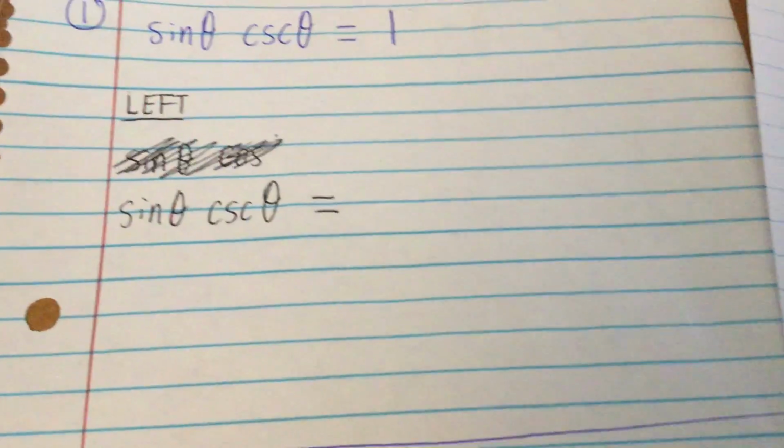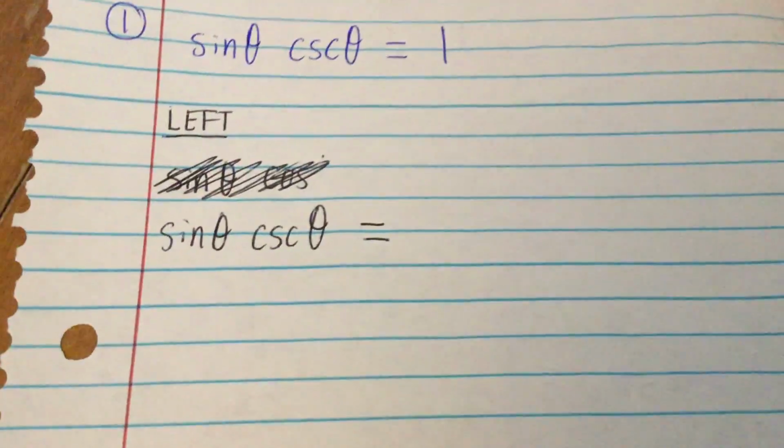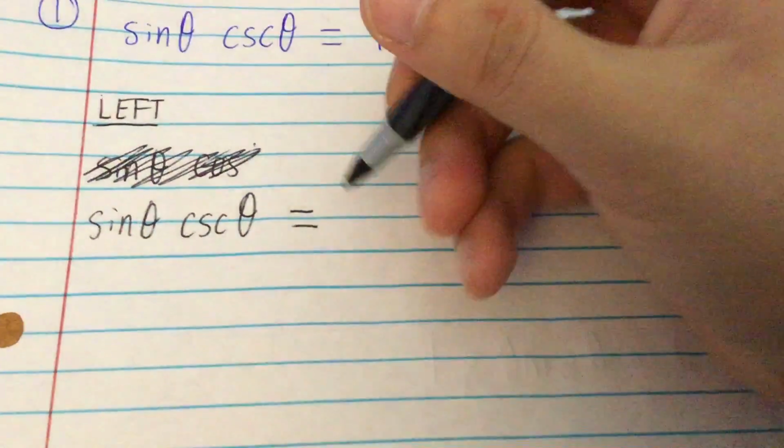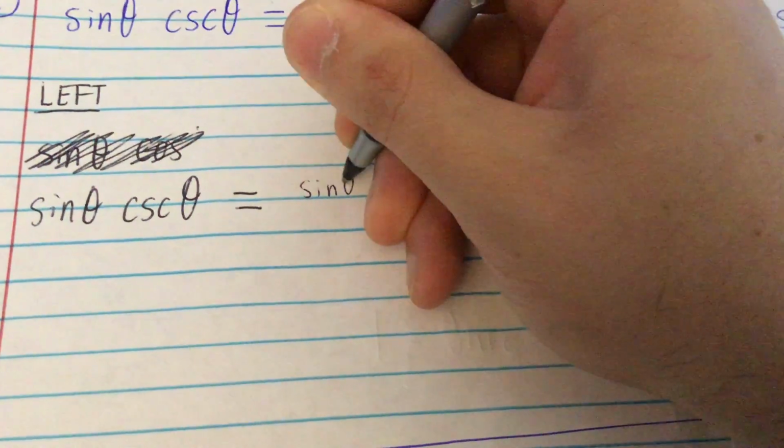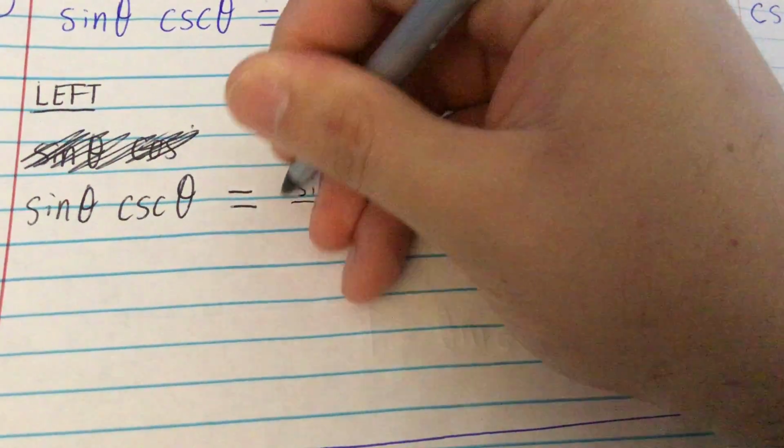Okay, well, I notice in particular, let me get my red, that this cosecant of theta can be rewritten. So I'm going to call this sine of theta over 1, because I can. Anything can be rewritten as that itself over 1.